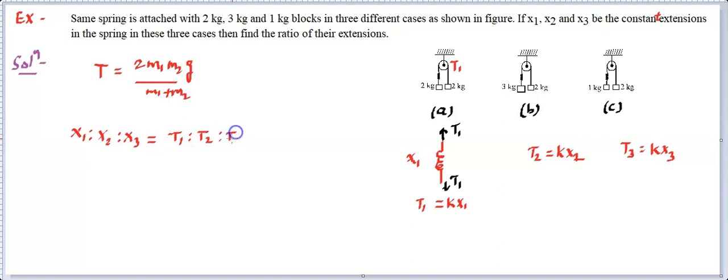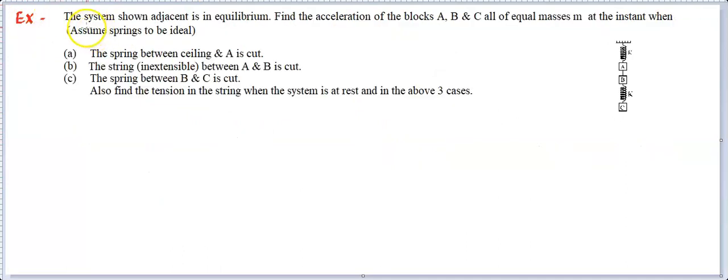You can easily find the tensions using this formula and then check your answer. Finally your answer should come as 15 is to 18 is to 10, and that can easily be checked. So do that. Now let's consider the next problem.